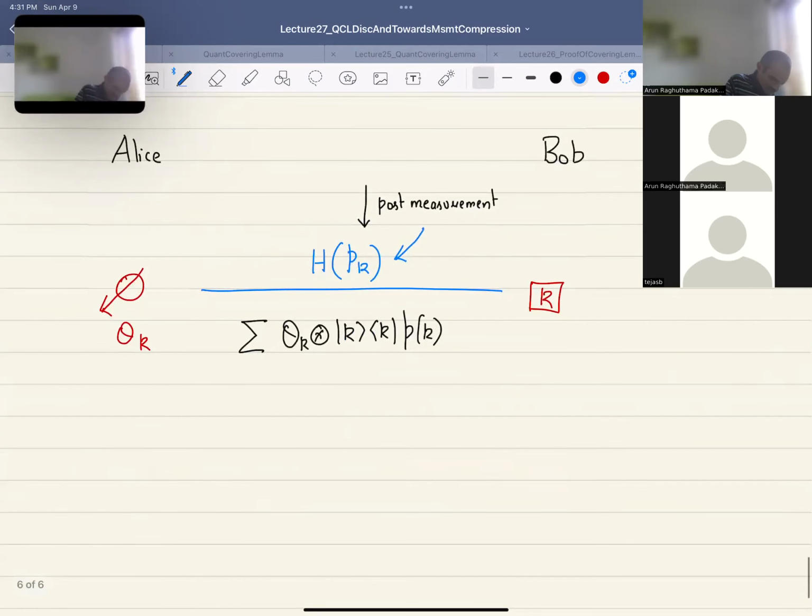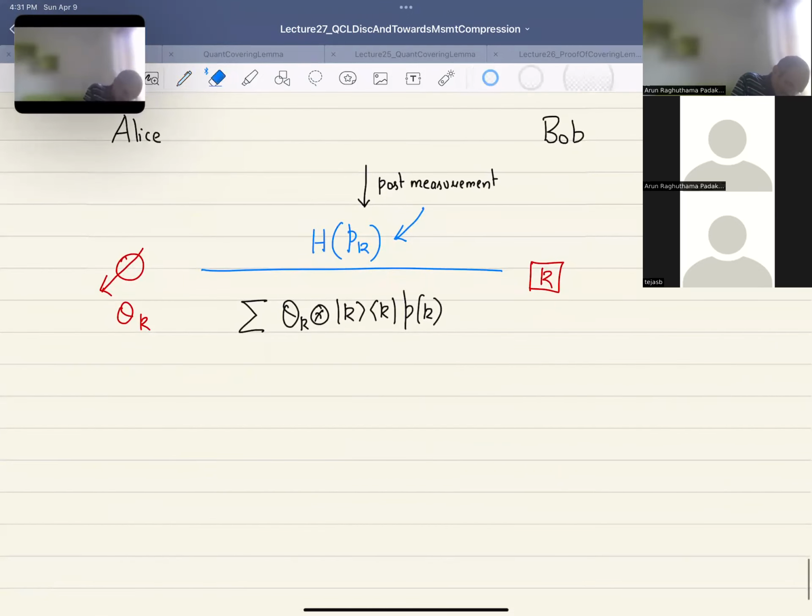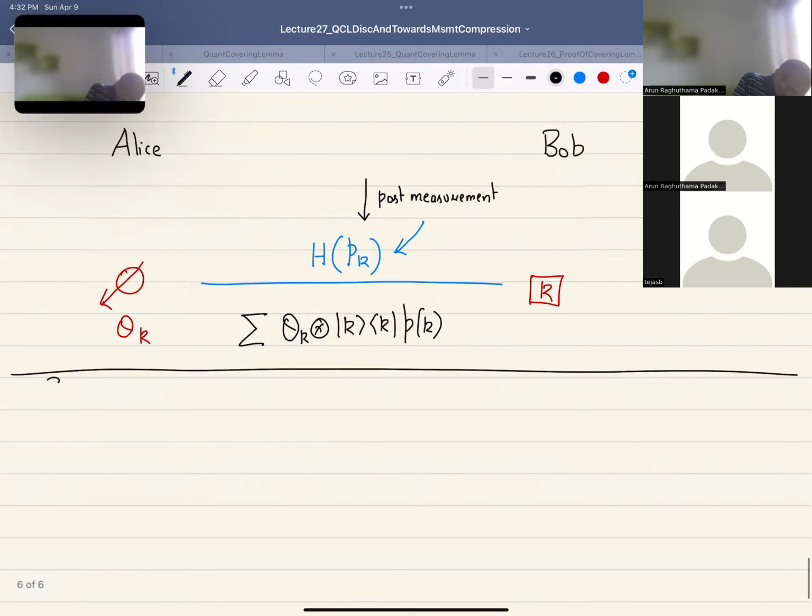Now suppose I can simulate this. So now there is the original scenario. Now I'll come up with a new scenario, the second, simulated scenario.